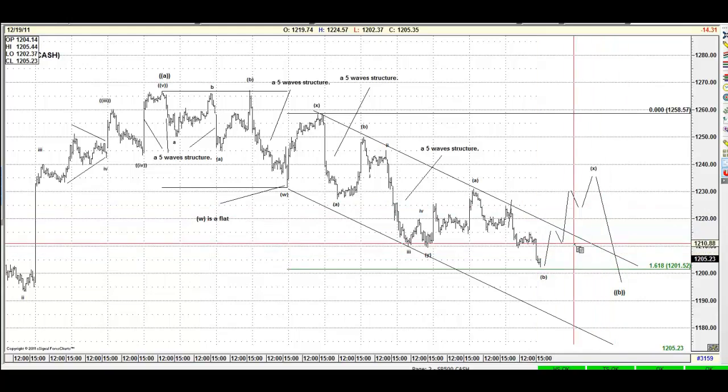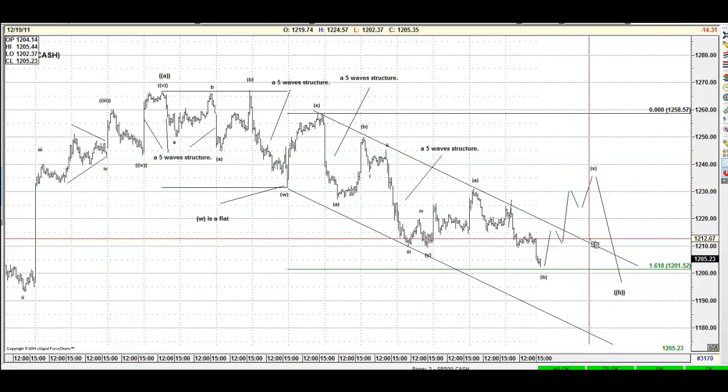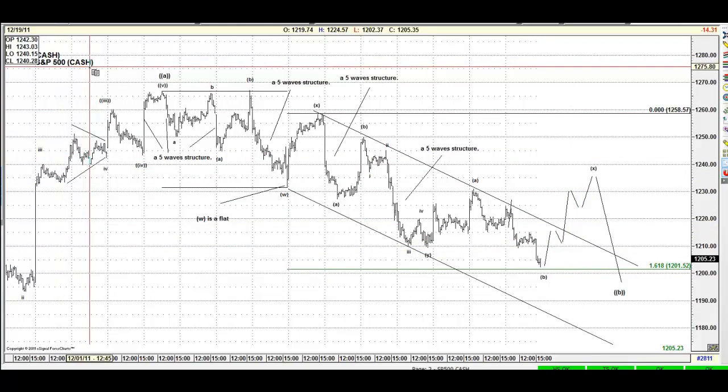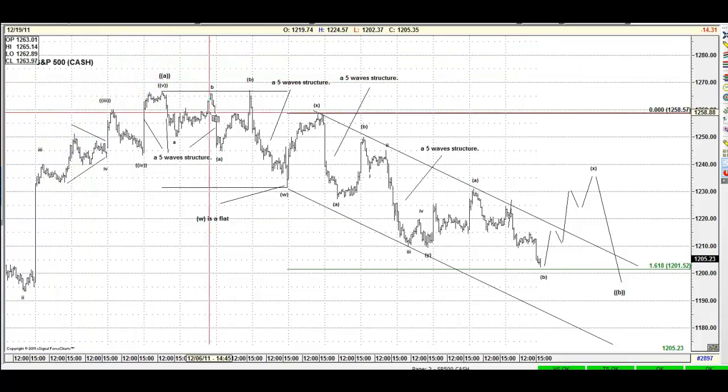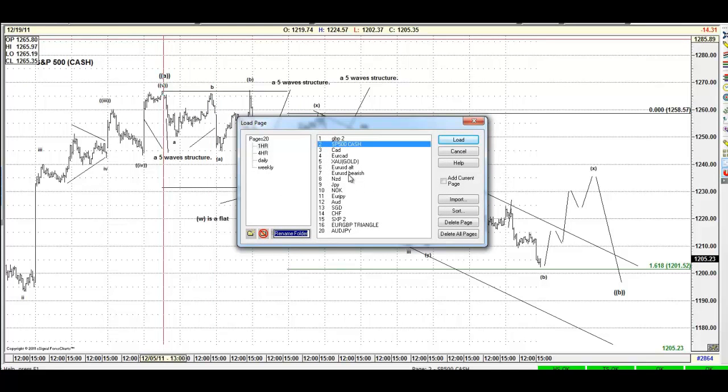So if we move above the channel, I will start questioning the idea, since there are 3 channels, all 3 channels calling higher tomorrow. That's why when we get now to the pairs, we're going to show which scenario can be likable. Now, let's move on to pairs, like the euro dollar, very fast right here.